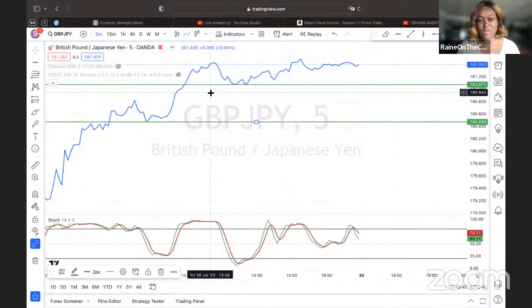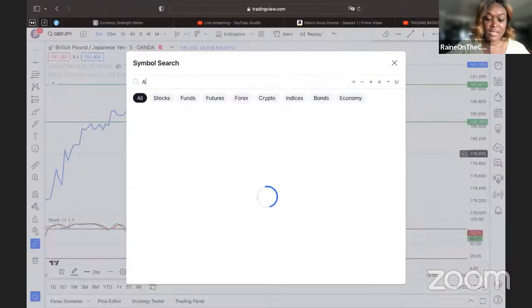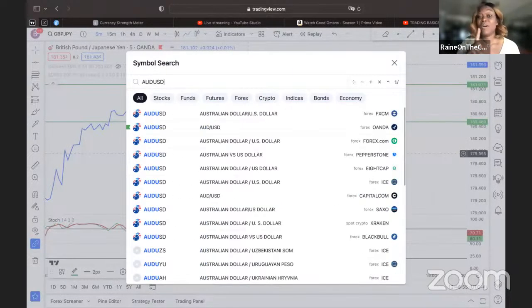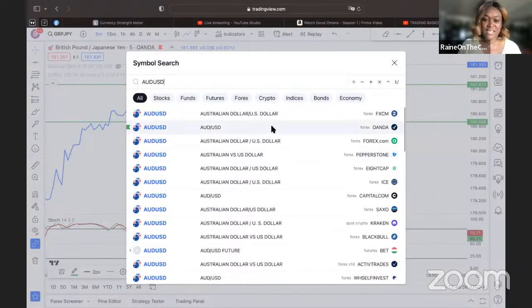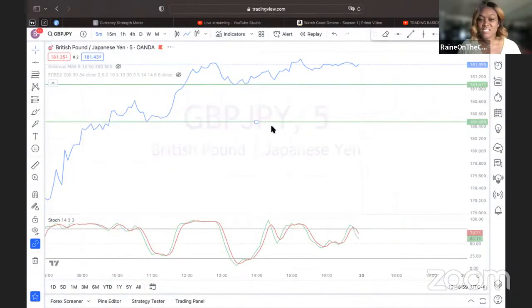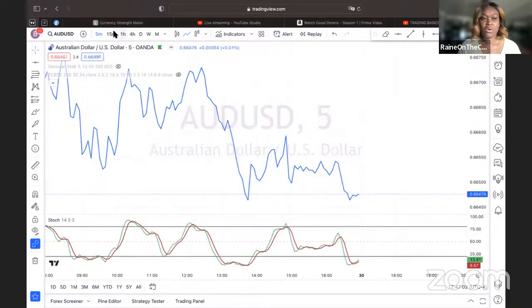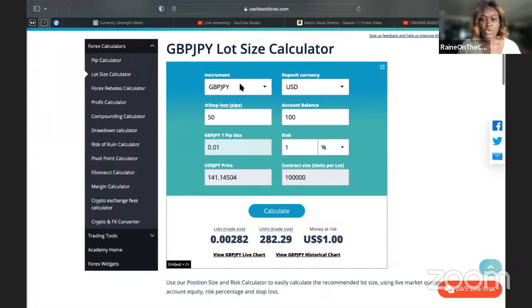Okay, so that's GBP. Let me look at something completely different, AUD USD. And that's the next thing I want to say, guys. One size does not fit all when it comes to trading. So for GJ, the lot size was 0.08, right?